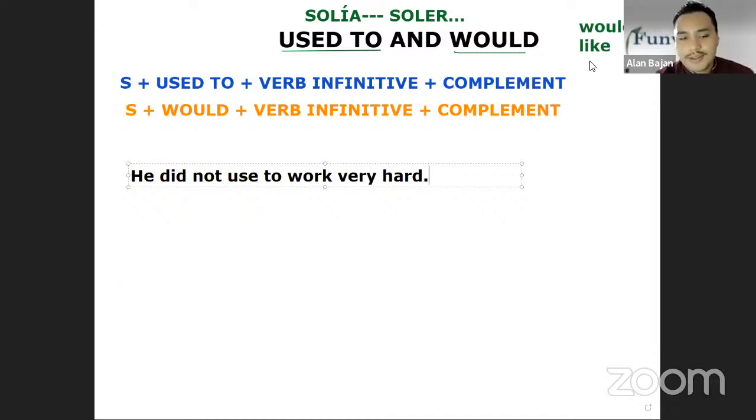Write in the chat the interrogative sentence for he did not use to work very hard.